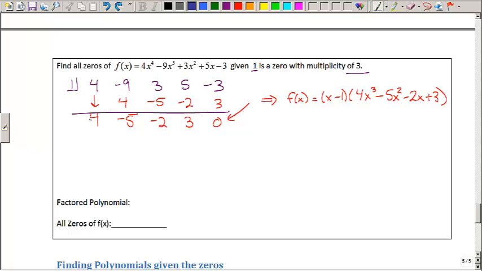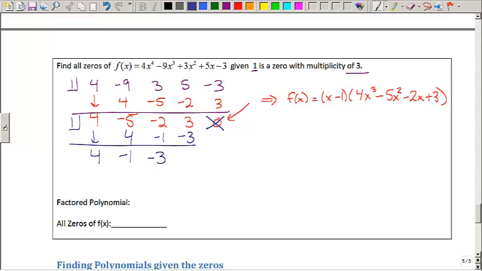So I'm going to take the remaining quotient here without the remainder and try to synthetically divide it again using another 1 because I know that 1 is a zero with multiplicity 3, so it should work 3 times. So let's go ahead and see if this works. 4 times 1 is 4, add down. Negative 1, add down.